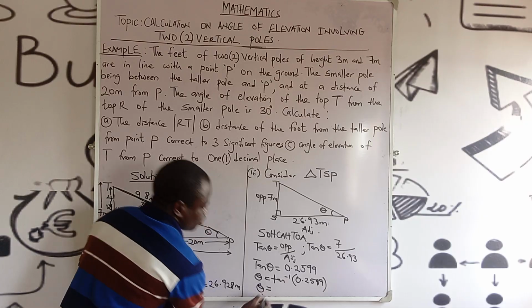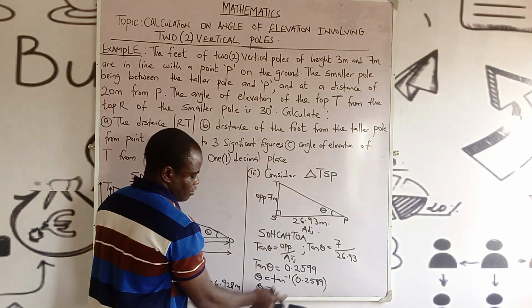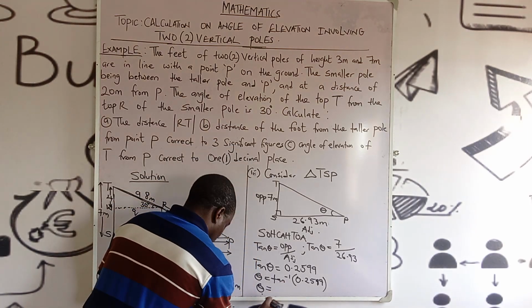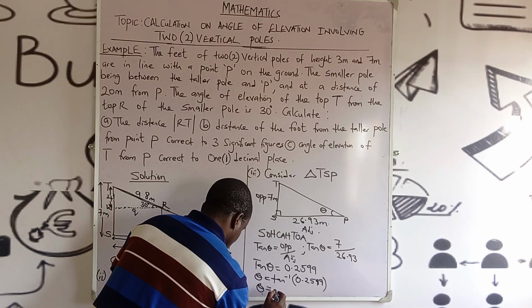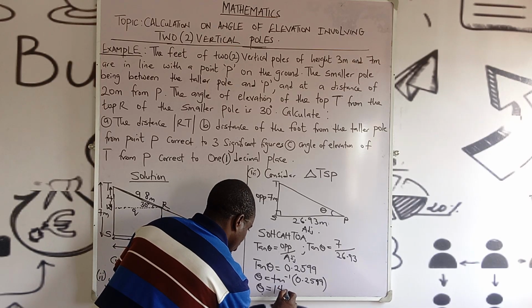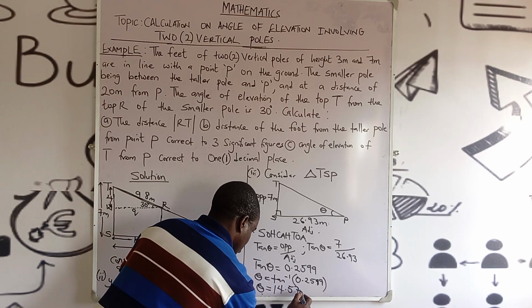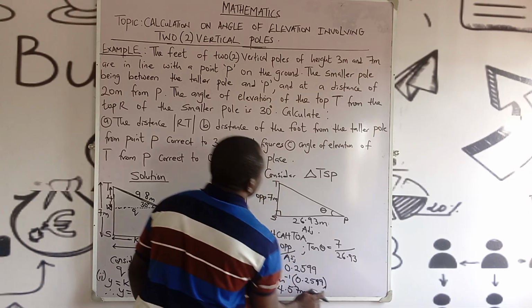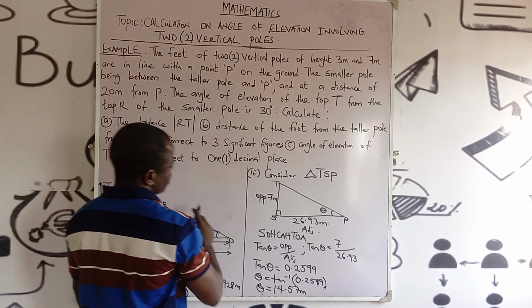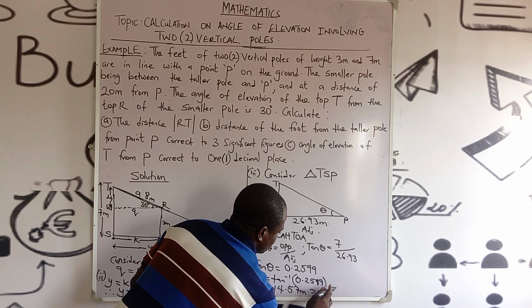And when you are pressing your calculator, you press second function tan before you get your tan inverse. You press the value, press your calculator, you are having 14.57 degrees.